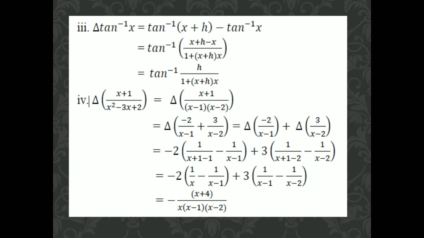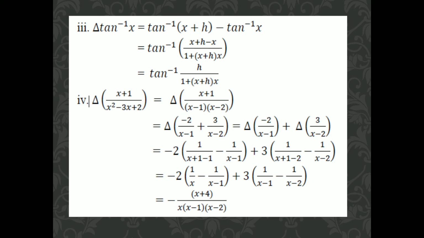Similarly, in the third example, when we operate delta on tan inverse of x, it gives tan inverse of x plus h minus tan inverse of x. We can write these two terms as tan inverse of (x plus h minus x) upon (1 plus x into (x plus h)), because tan inverse of a minus tan inverse of b is equal to tan inverse of (a minus b) upon (1 plus ab).